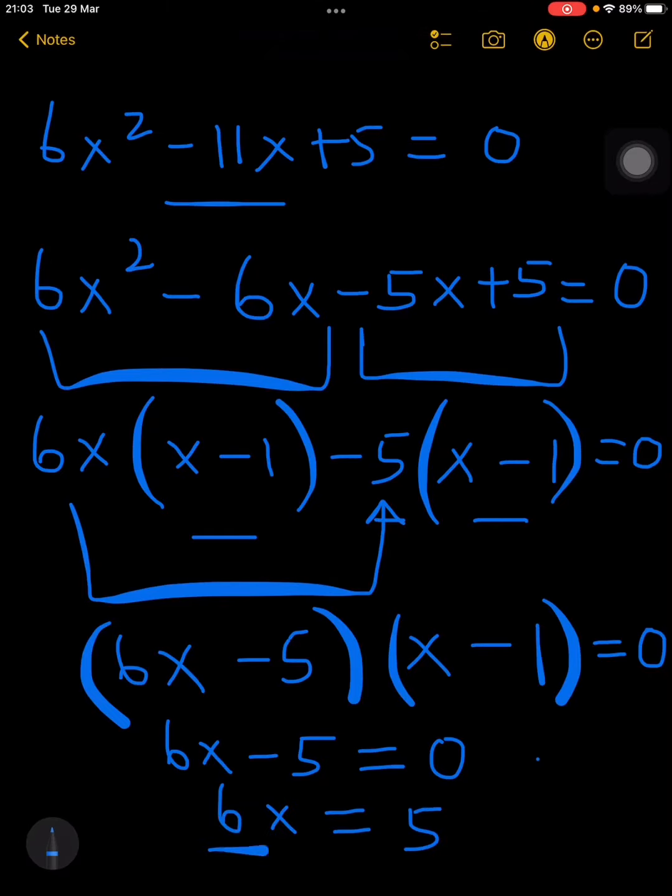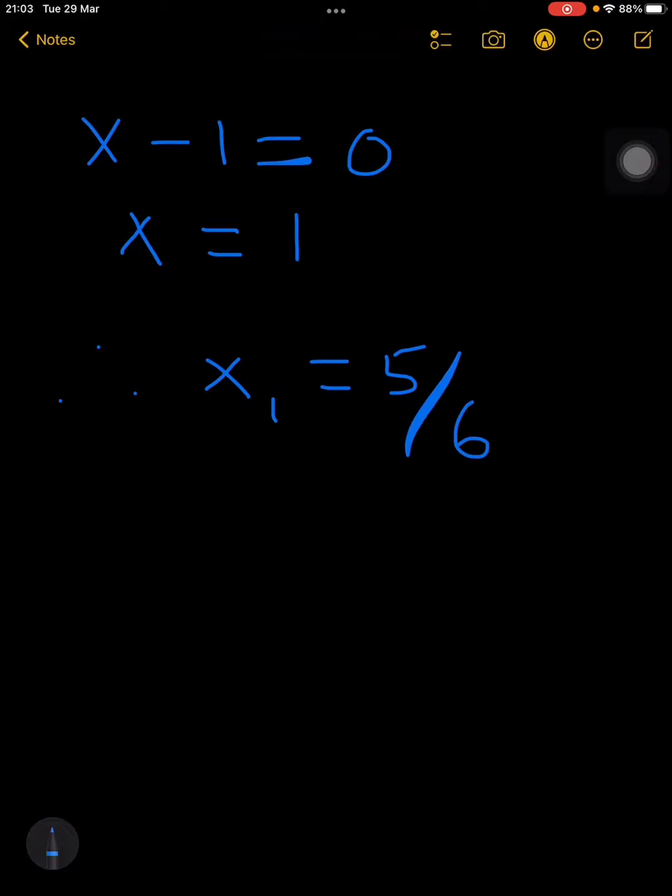I divide both sides by 6 and here by 6, and the value of x is 5 over 6. The other one is x minus 1. X minus 1 is equals to 0, and our x is equals to 1. Therefore, our value for x1 is equals to 5 over 6. The value for x2 is equals to 1.